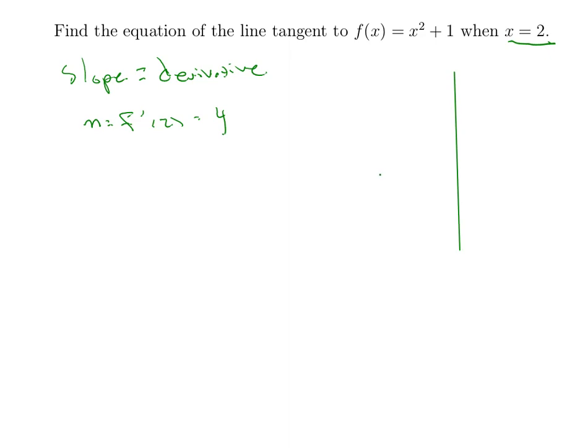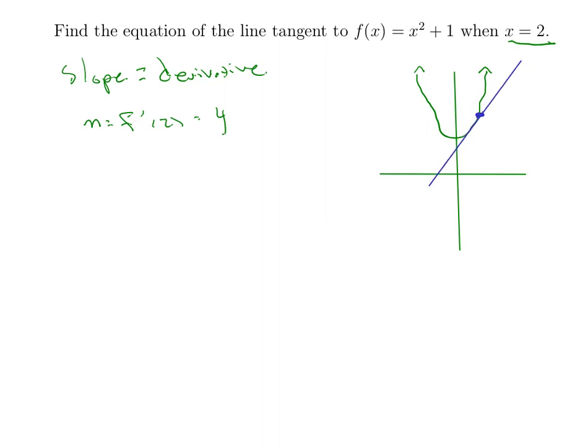If I just draw this parabola function, and it's going to be kind of bad, but oh well. Let's say this is our parabola, x squared plus 1, and we want to look at the tangent line when x is 2. So let's say here's the point that we're looking at when x is 2, and we're going to look at our tangent line. It's going to look something like that.